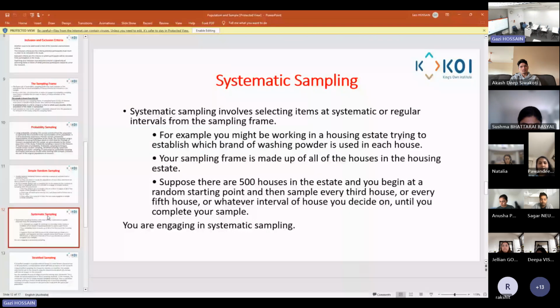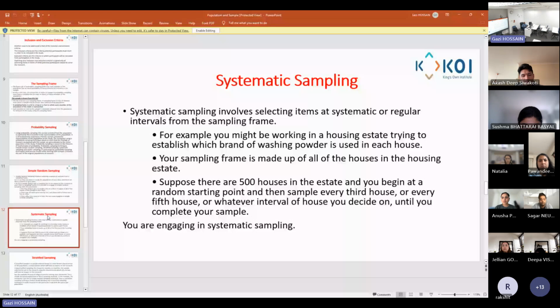Systematic sampling technique. We will be applying some system in drawing the sample. Still it is random sampling, probability sampling. But rather than random, we will be using a system. What is the system?